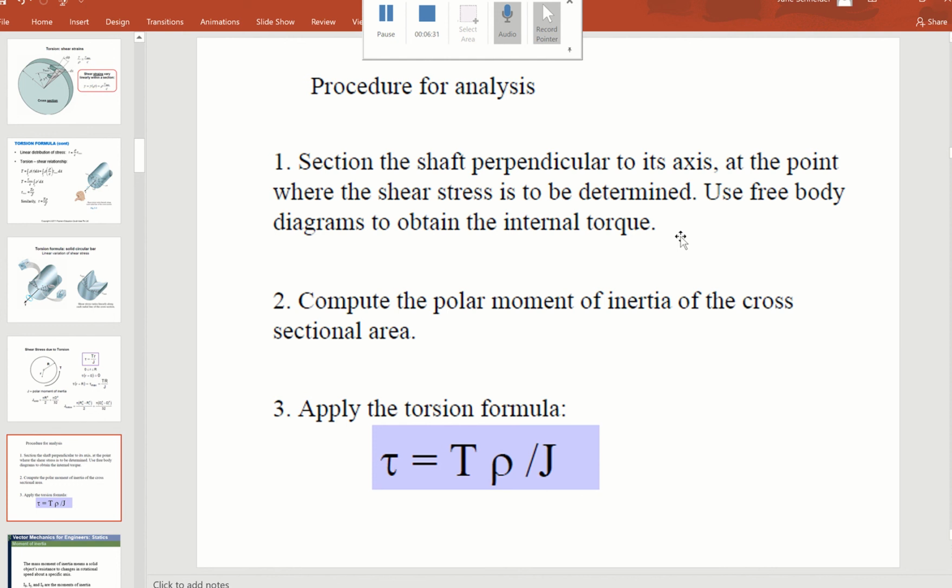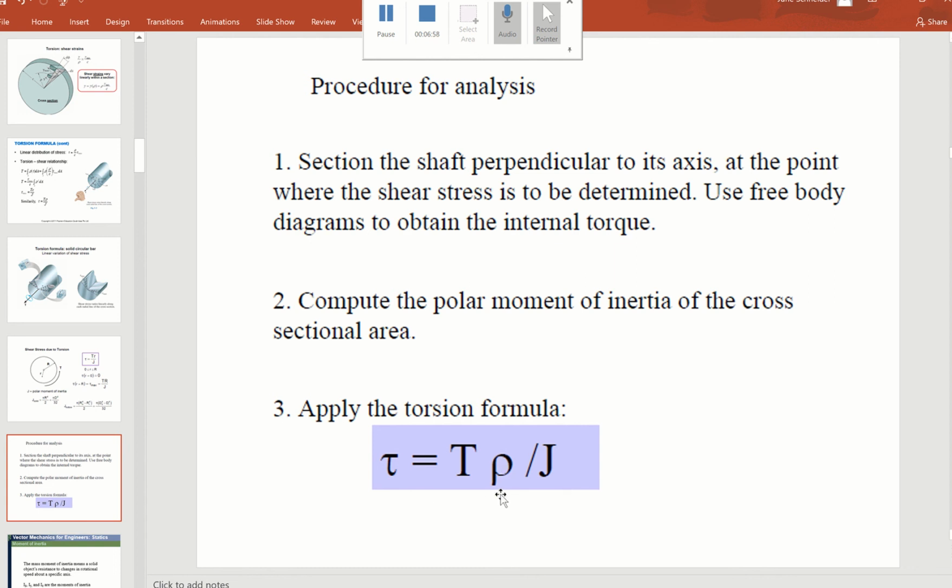Using the right-hand rule, the four fingers follow the direction of the torque, and if the thumb is pointing outward from the cut surface, that's positive. Then we figure out the polar moment of inertia. If it's a solid shaft or if it's hollow, they're going to have different moments of inertia. And then just put in this formula.